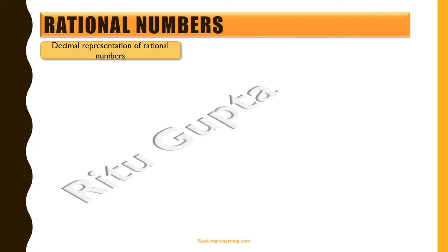Now let's understand the decimal representation of rational numbers. We've defined rational numbers till now as p by q, where both p and q are integers and q is not equal to 0. But can they be represented in any other form? Yes, rational numbers can also be represented in decimal form. Let's take terminating decimal numbers as an example, like 1.25.